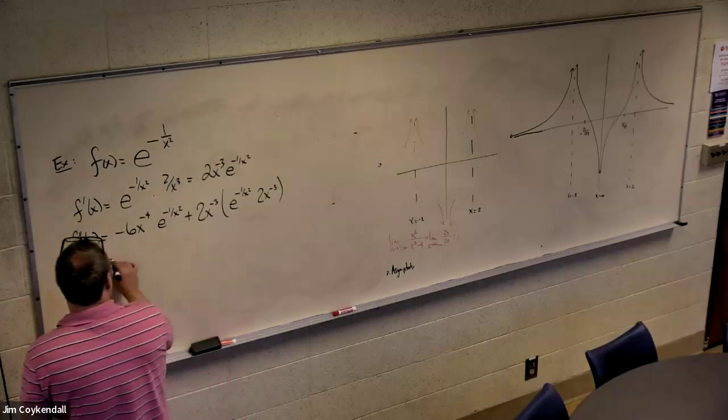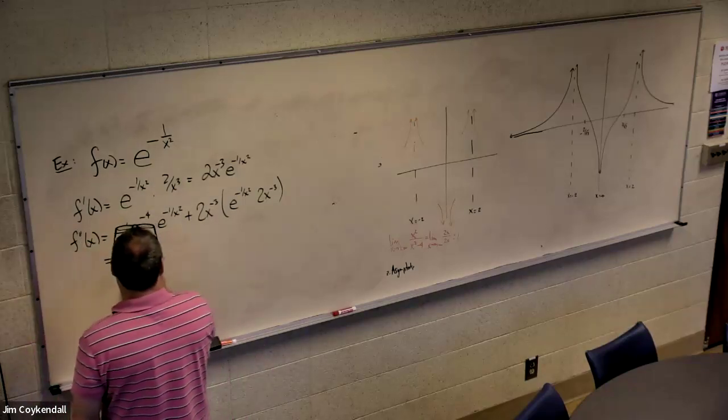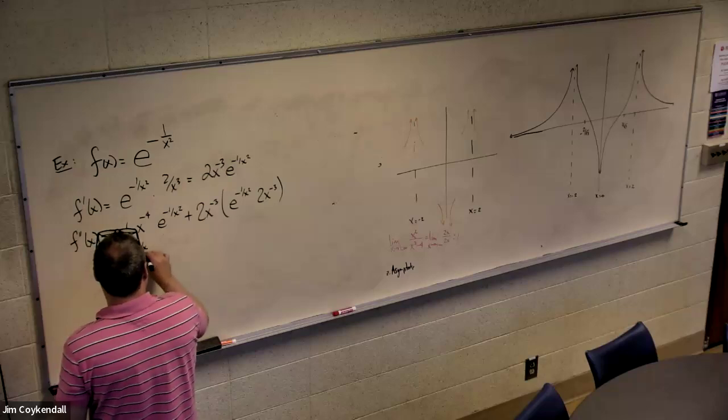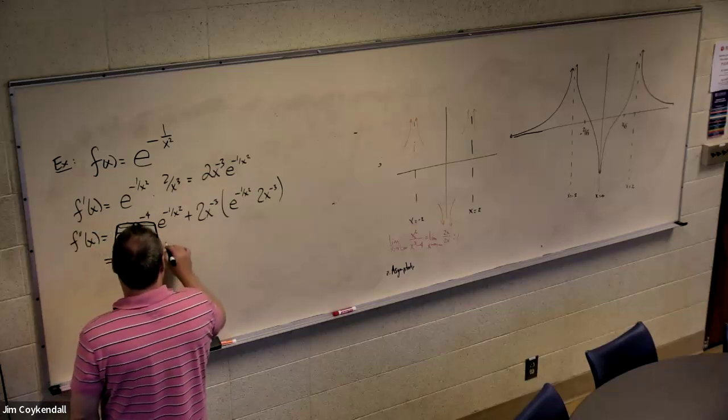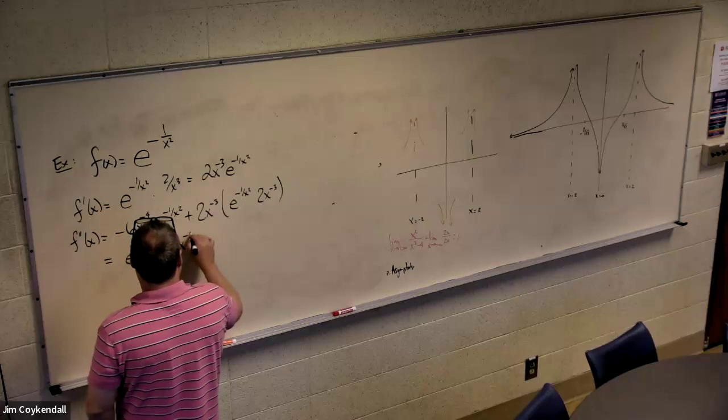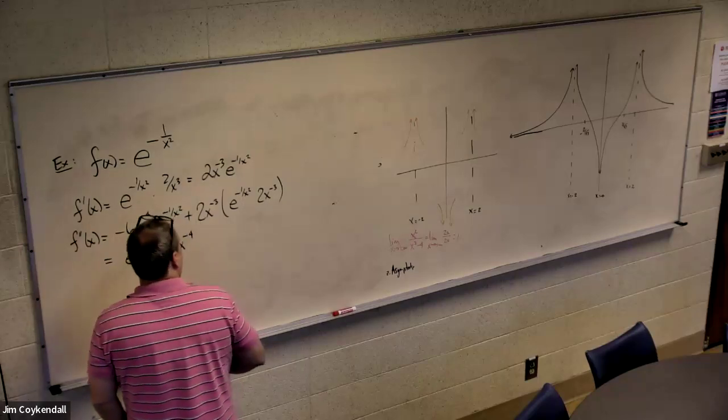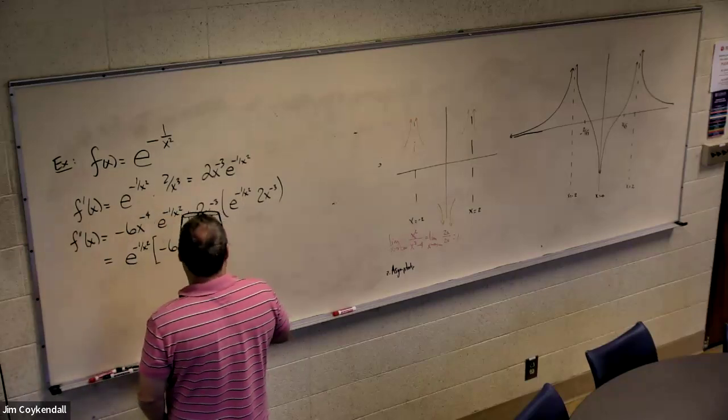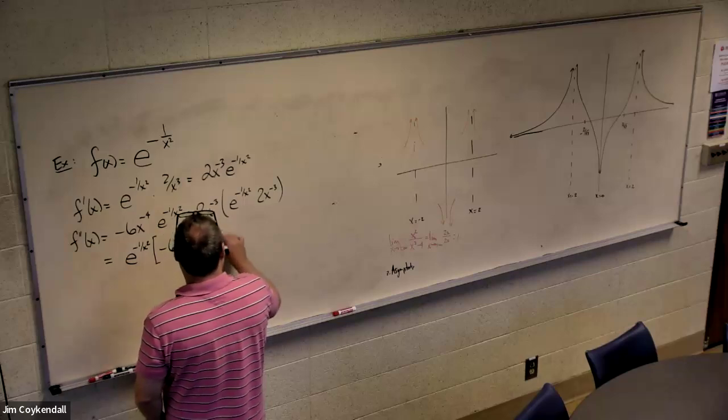Let me clean the second bit up a little bit. I'm going to pull e to the minus 1 over x squared out of it. That's going to leave me with -6x minus 4 plus 4x minus 6.